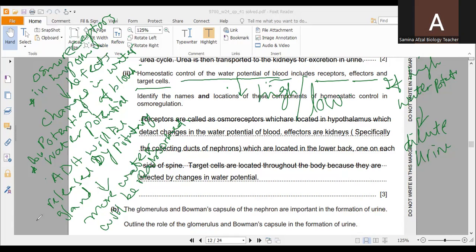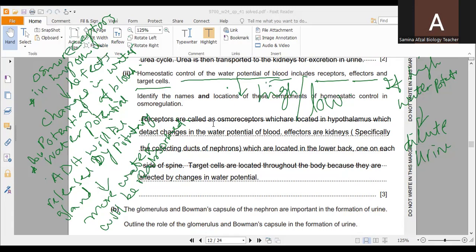If water potential is low, more water will be reabsorbed, and less water will be excreted out in the form of thick urine. But in the other case, if there is high water potential, most water should be excreted out. At that time, less ADH will be produced by the pituitary gland, and most of the water will be excreted out in the form of thin or dilute urine.